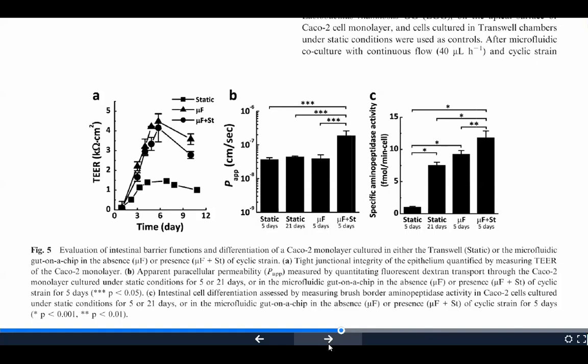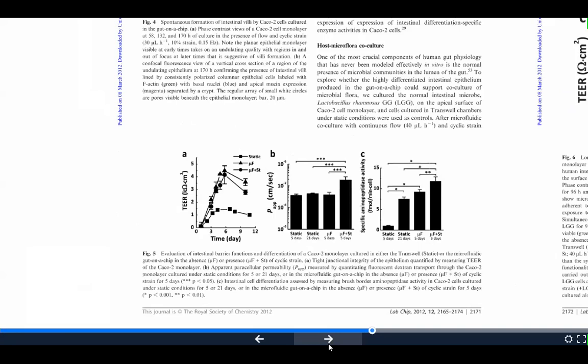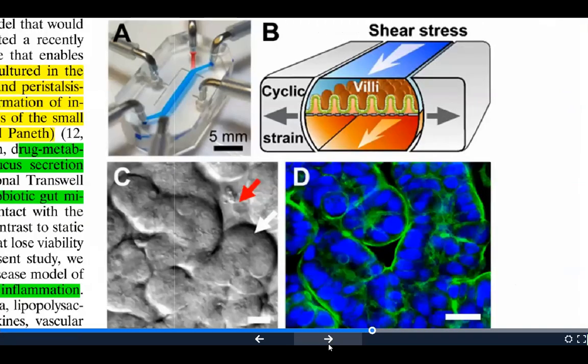They also measured the specific aminopeptidase activity, and they realized that these microfluidic devices have a greater number of cells differentiated from Caco-2 cells to epithelial cells. And this is another important fact, that this microfluidic device that incorporates this mechanical strain can induce more differentiation.